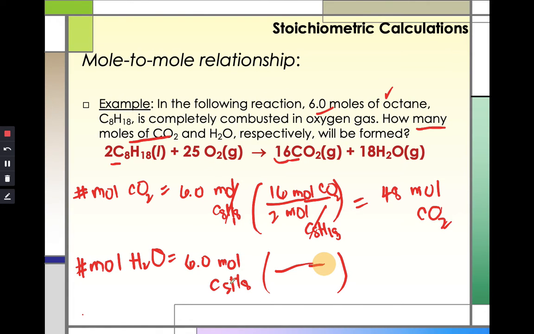Since we want to get rid of octane, we follow the conversion factor: 2 moles of C8H18 as our denominator, and on top the number of moles of water, which is 18 moles of H2O.